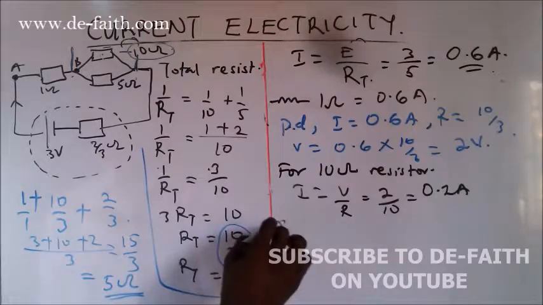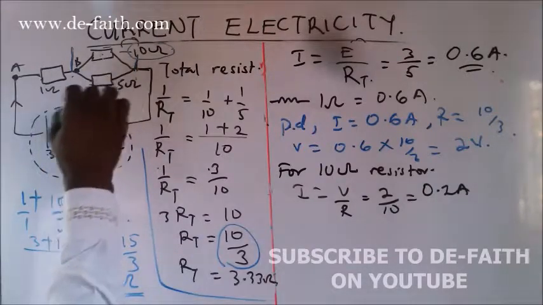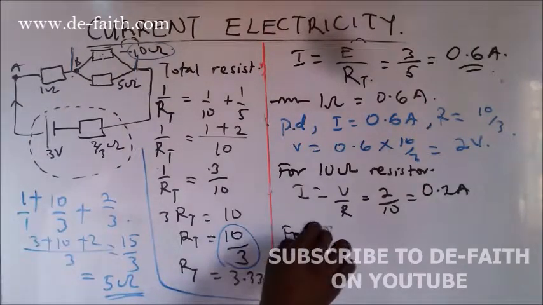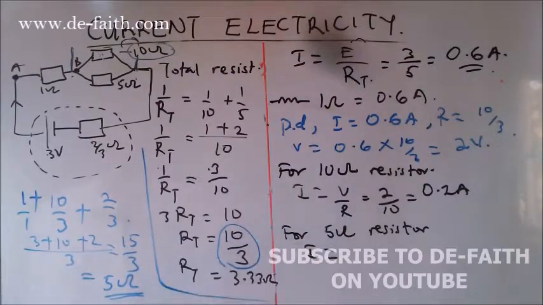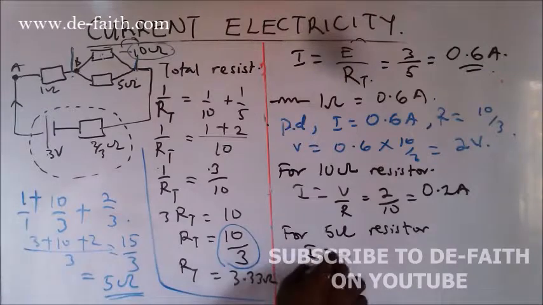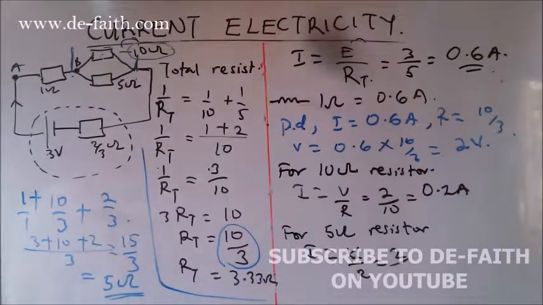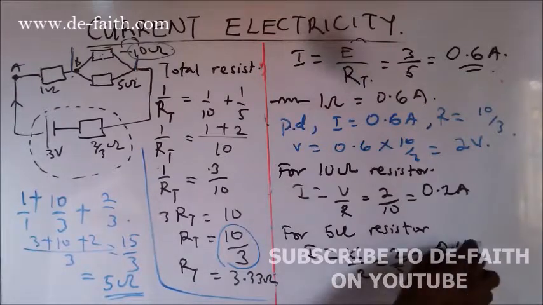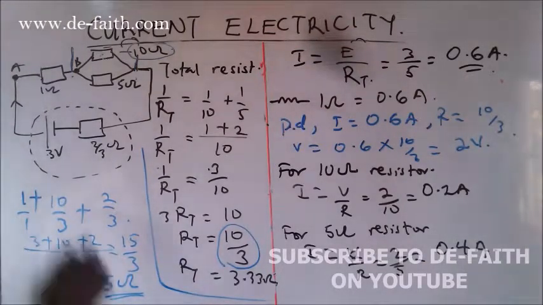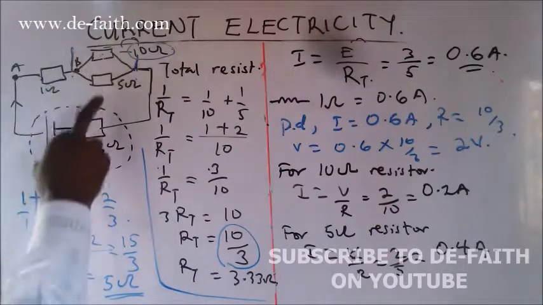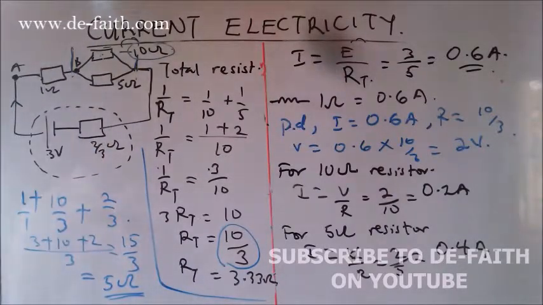Then for the 5 ohm resistor, the current flowing through it will be the potential difference, 2, over the resistance, 5, and that will be 0.4 ampere. From here we have calculated the current flowing through the 1 ohm, 10 ohms and the 5 ohms.